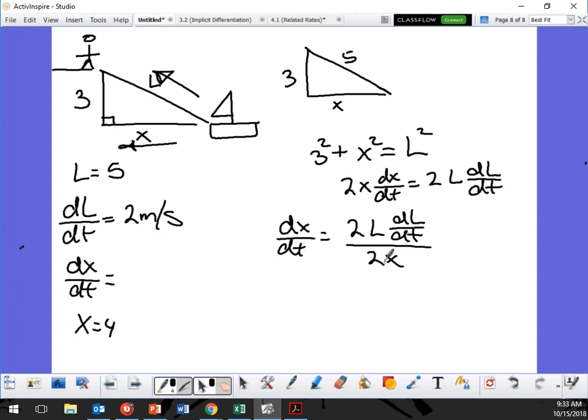Do we have all those variables? Yes, we do. So dx/dt is equal to 2 times L. We said L was 5. dL/dt was 2. And 2 times my x, what was my x value? 4.